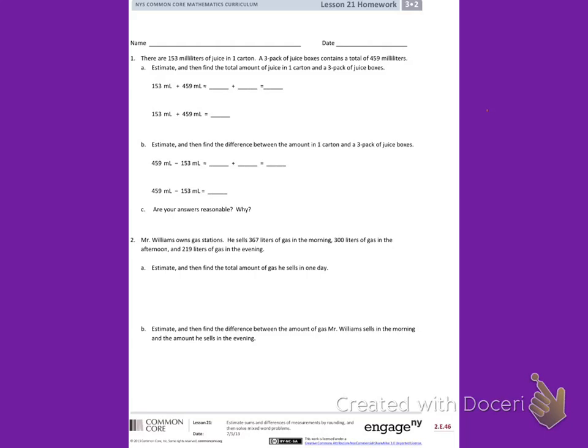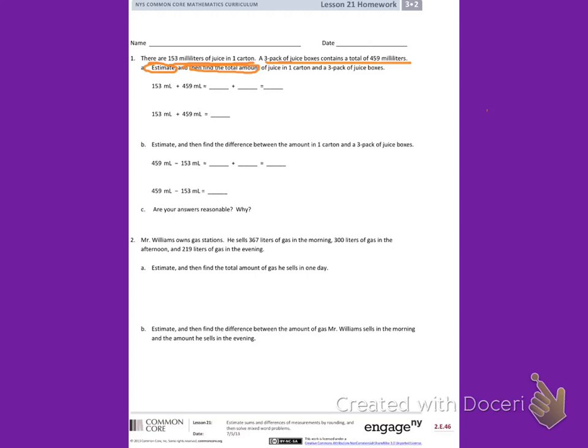In order to solve this problem, I should underline the important details. 153 milliliters of juice in one carton, and a 3-pack of juice boxes contains a total of 459 milliliters. I will circle the word estimate to remind me to do that, and then I will circle "then find the total amount" to remind me to do that.